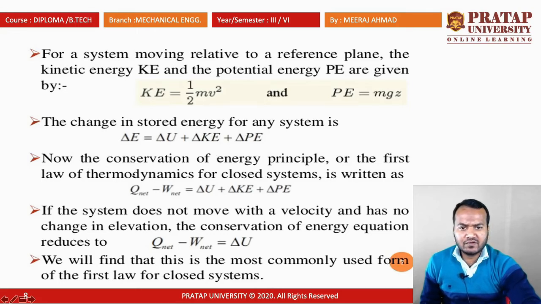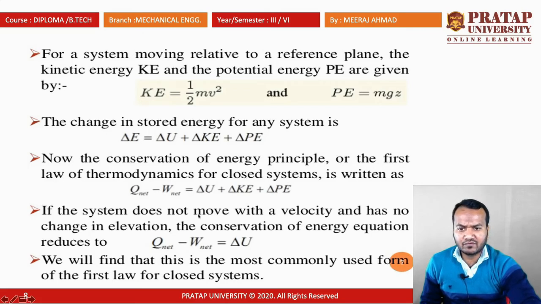Now, the conservation of energy principle, first law of thermodynamics for the closed system: net heat transfer minus net work transfer is equal to delta U, the change in internal energy, plus the change in potential energy and the change in kinetic energy.